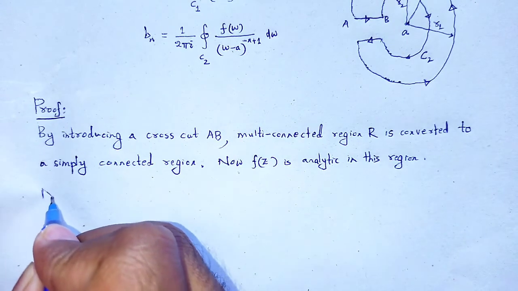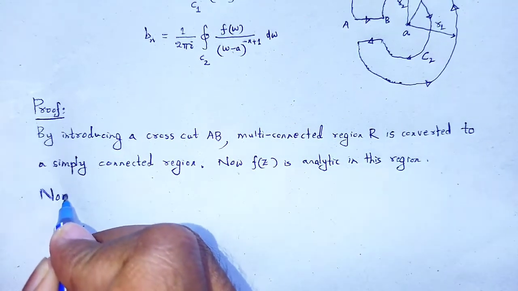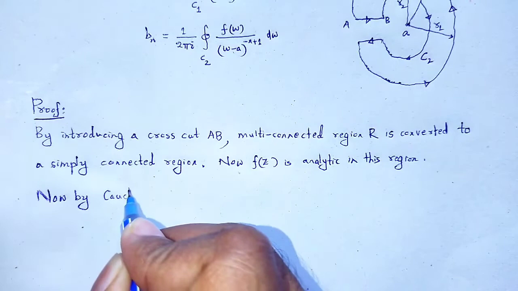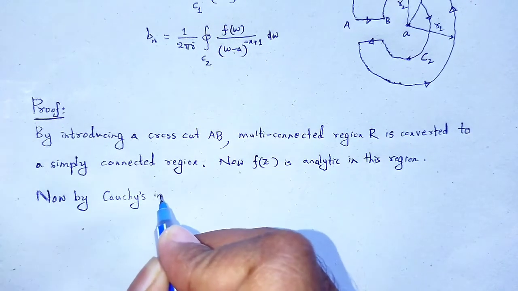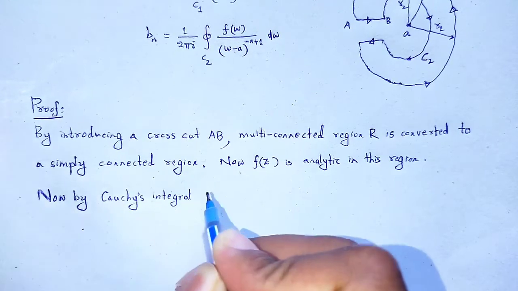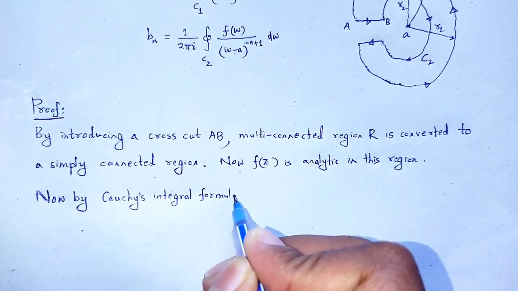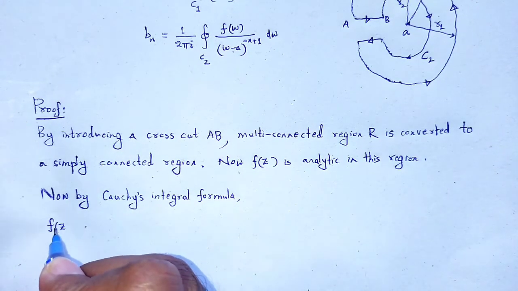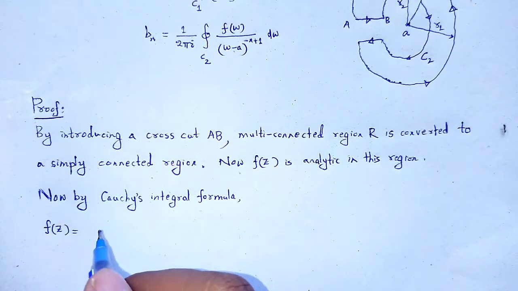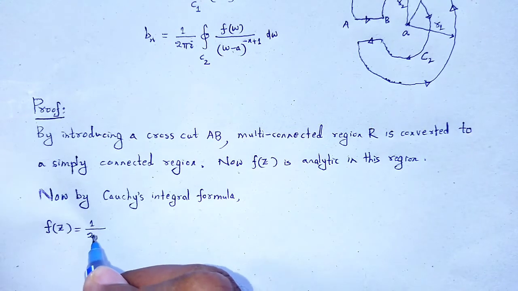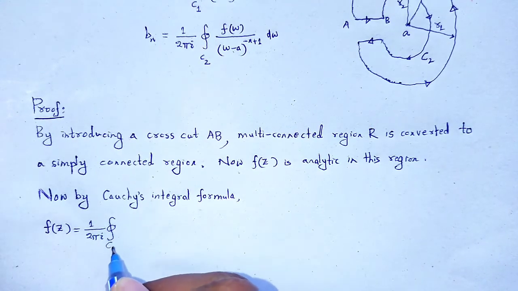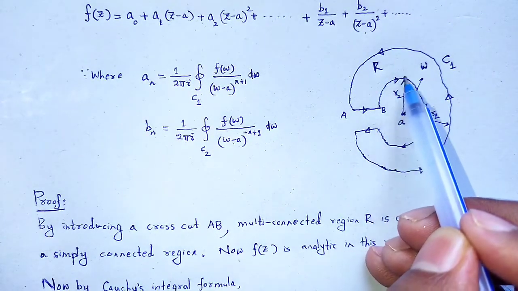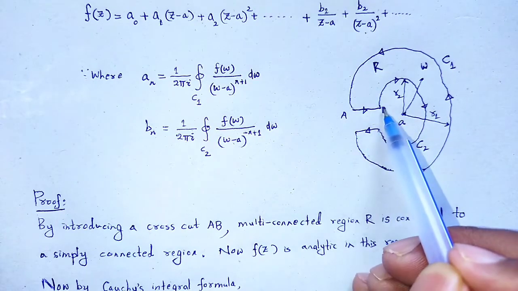Now, by Cauchy's integral formula, the given function f of z is expanded as 1 divided by 2 pi i closed curve integration over C1, first integration over C1, next integration over AB, then integration over C2, also integration over BA.